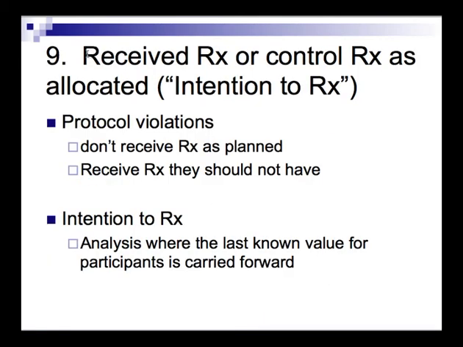So 9 is more about whether the actual treatments that were intended for the participants are what they received, that they received treatments or controlled treatments as allocated. This is something called an intention to treat analysis, or an intention to treat evaluation.